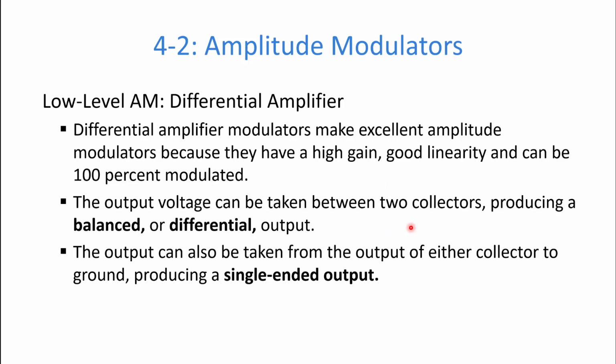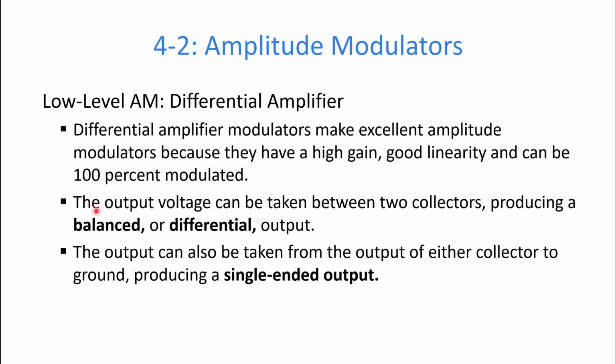There are also differential amplifiers that we can use as modulators, right? And again, you have some good gain and good linearity that comes out of it, and you can actually have 100% modulation, right? When you need that. Remember that the modulation index, if you put it in percentage, will go between 0 and 100, right?